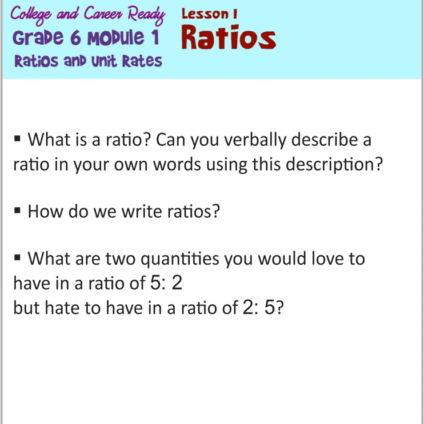So now check yourself. Can you answer these questions? What is a ratio? Can you describe it in your own words? How do we write them? What are two quantities you would love to have in a ratio of 5 to 2, but hate to have in a ratio of 2 to 5? I'll give you an example of this.